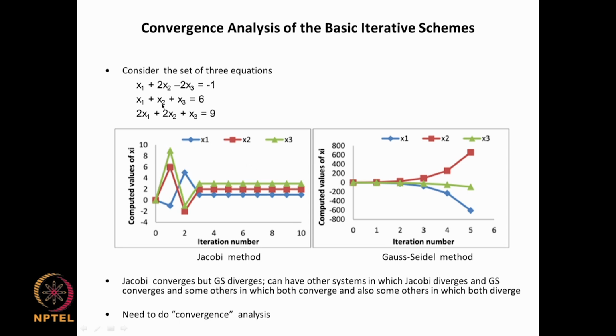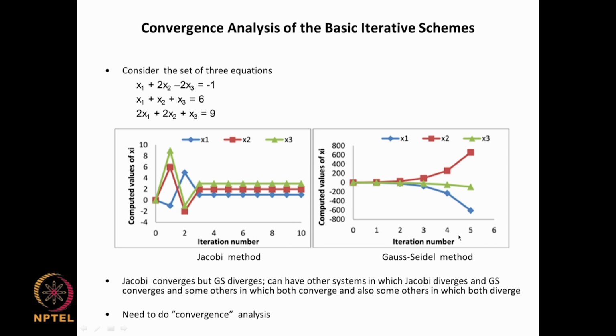Checking: 1 plus 2 plus 3 is 6, and 1 plus 2x2, that is 4, minus 6, that is 1 plus 4 minus 6, that is minus 1, and so on. We got this in a very small number of steps with the Jacobi method.